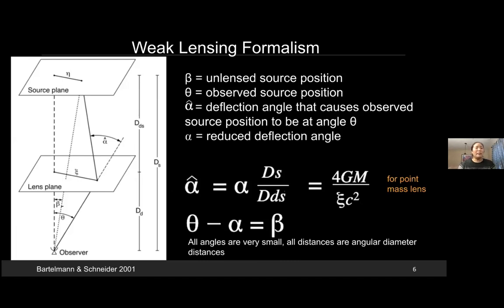And the thing to keep in mind here is that all the angles are very small, and all the distances are angular diameter distances. And here is a relationship called the lens equation, which relates these three quantities: the unlensed source position, the observed source position, and then the reduced deflection angle.